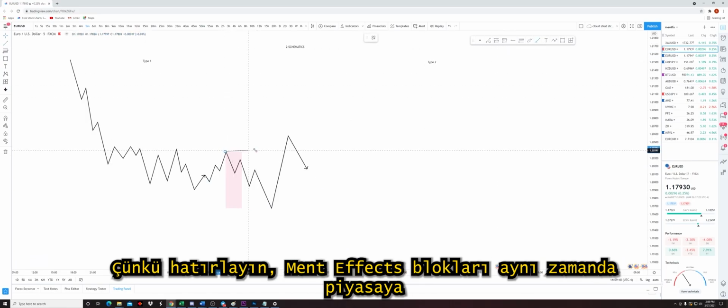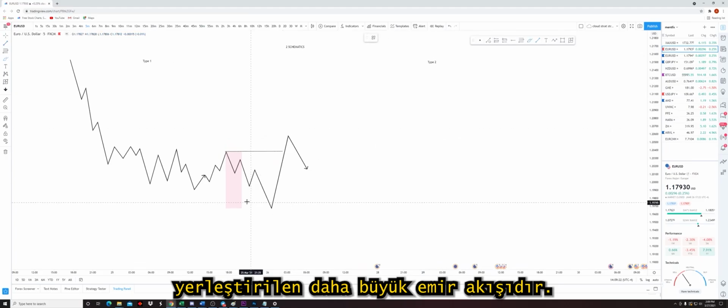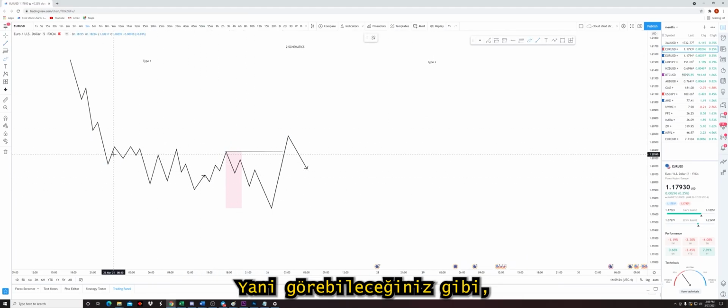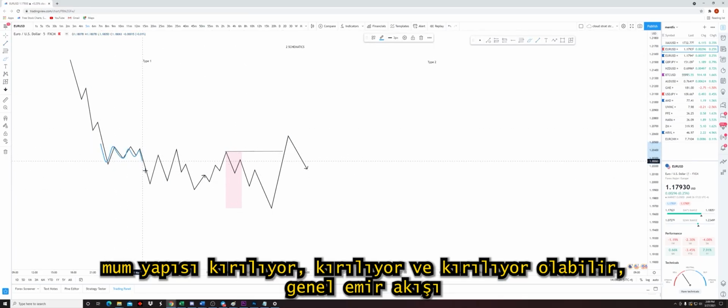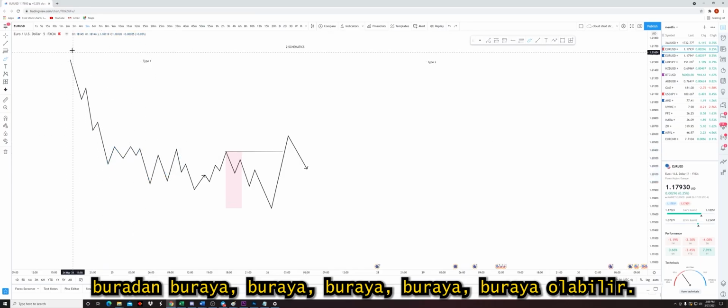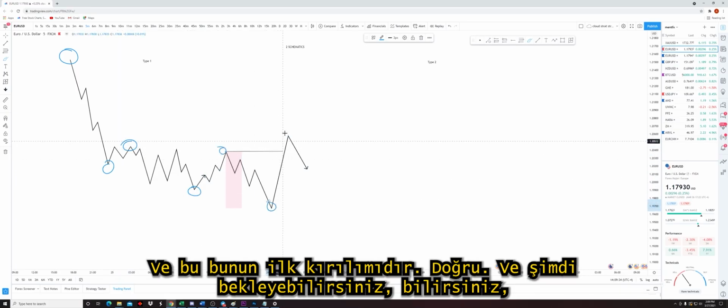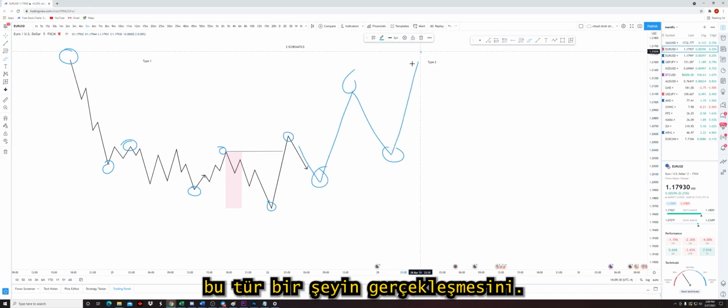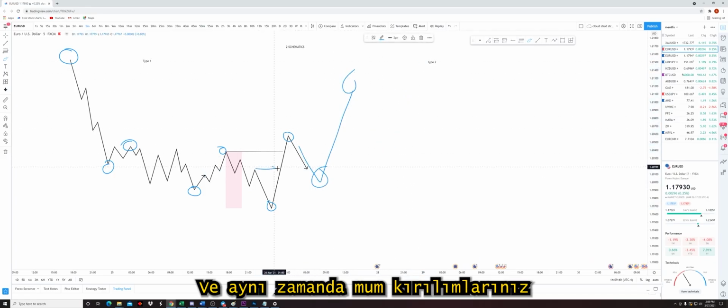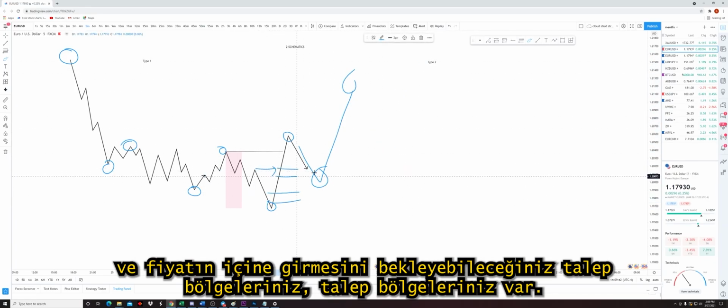Because remember, Ment FX blocks are also larger order flow being put into the market. So even though, as you can see, candlestick structure might be breaking, overall order flow could be from here to here to here to here to here to here, and this is the first break of it, right? And now you can expect something of this sort to occur, and at the same time you have candlestick breaks and you have demand zones where you can expect price to trade into, okay?